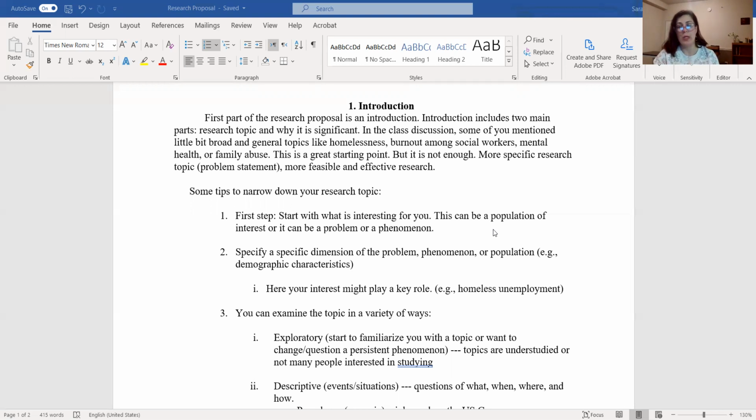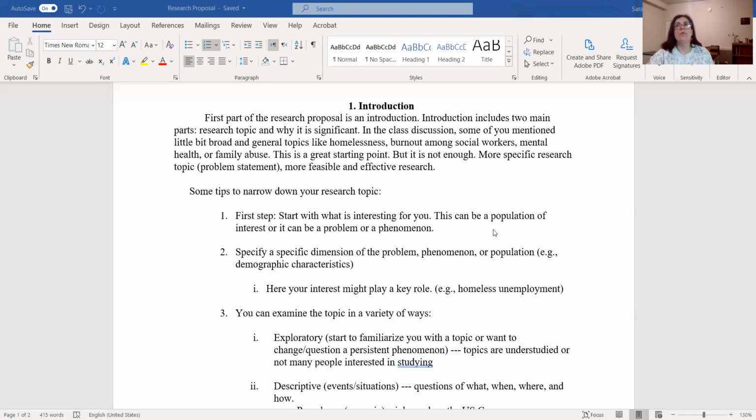After you choose your area of interest, in the next step, try to be more specific about what aspects of this social problem are more interesting for you, or what subgroups of this population are more interesting for you.